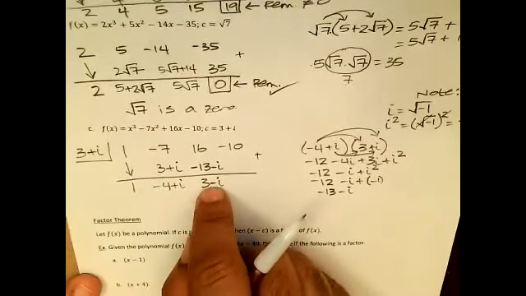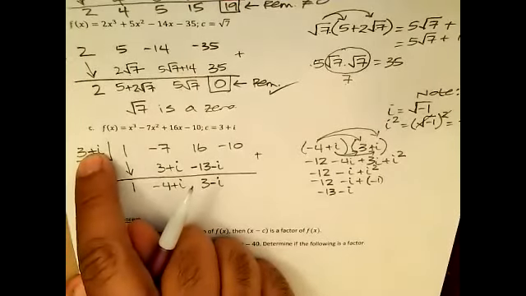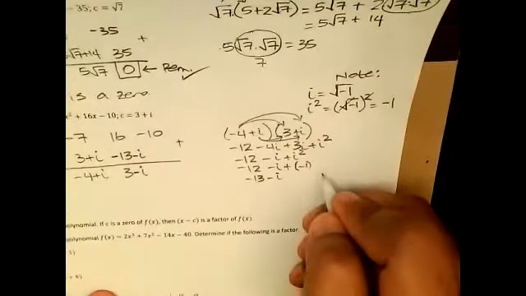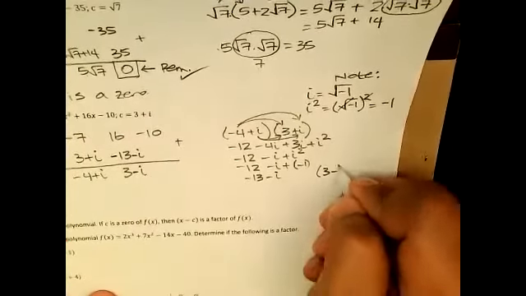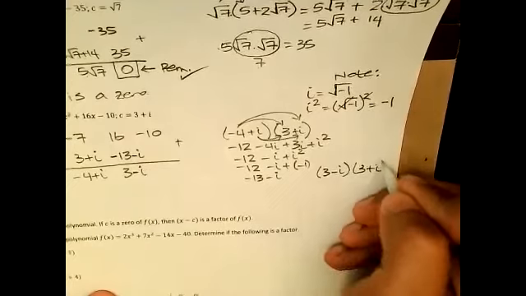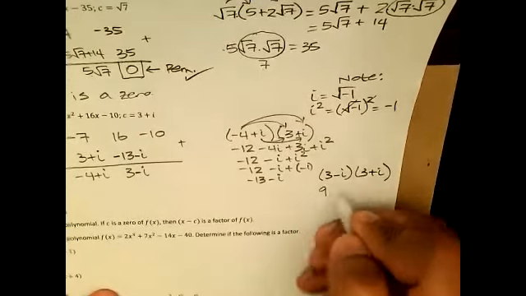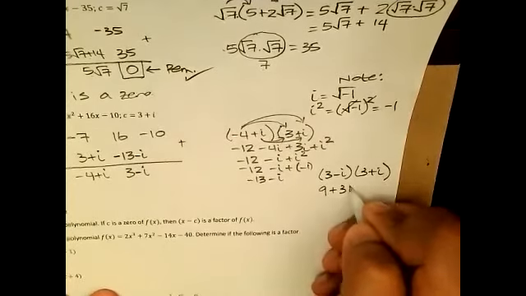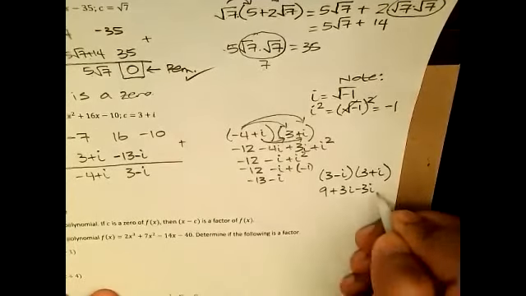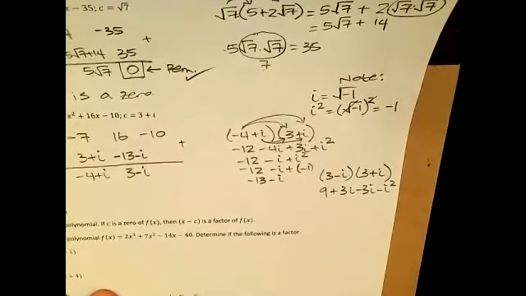Next, I'm going to have to multiply 3 minus i times the 3 plus i. So again, I'm going to do this on the side. 3 minus i times 3 plus i. We're going to FOIL. So 3 times 3 is 9. And then it will be plus 3i, and then minus 3i, and then minus i squared when you FOIL these two terms.